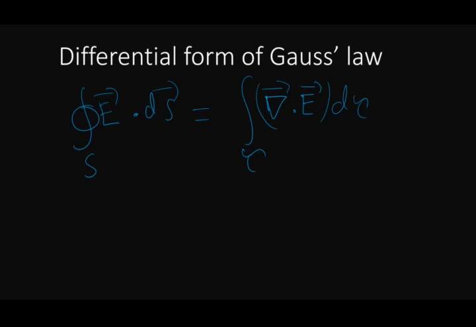Now this is equal to the volume integral of the total charge contained, that is rho d tau integral, divided by epsilon naught.